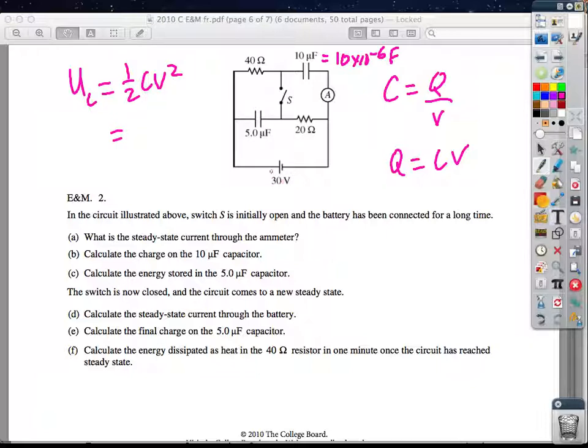This is 30 volts, so why not just use it? There's 30 volts across this, right? You see that one's in parallel? So they're both 30 volts. So that becomes 900. 900 times 5 is 4,500, and half of that is 2250. That's 2250 microjoules, so like 2.25 millijoules.